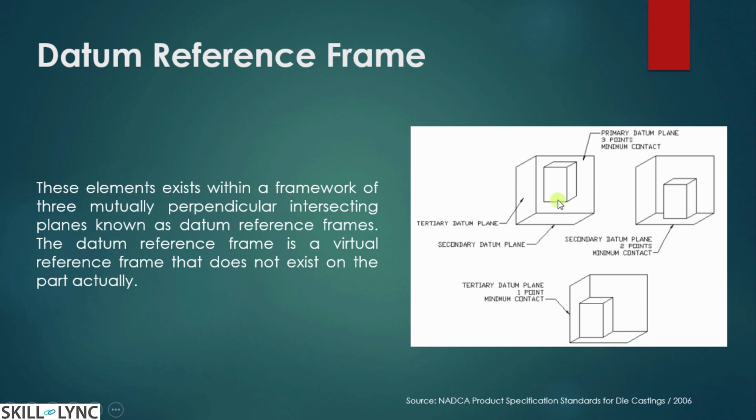So this is the use of a datum reference frame. Typically you can call them your X, Y, Z planes from where you are referencing the datums of those features. If you could see here, in the primary datum plane you have 3 points of minimum contact, whereas in the secondary datum there are 2 points of contact, and in the tertiary datum you have 1 point of contact. Based on that you can choose how many reference frames you want, based on your component.